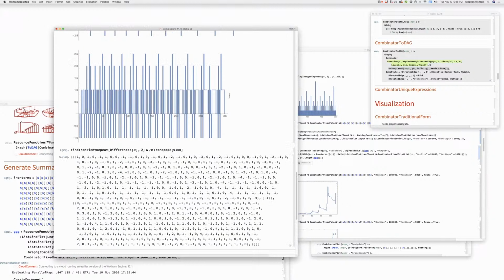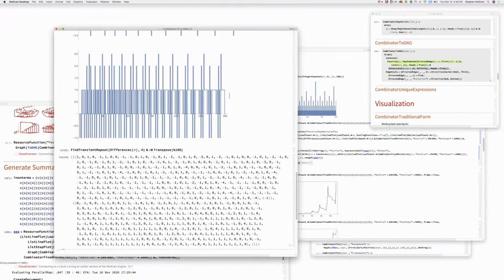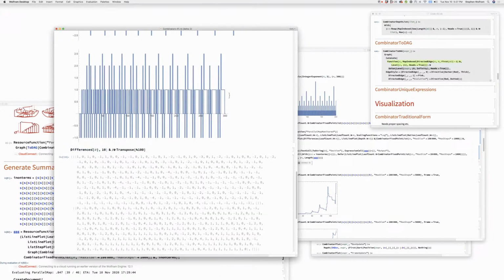That's crazy. Wait a minute. Okay, so wait a minute. Let's look at these things then. So they don't appear to be periodic.